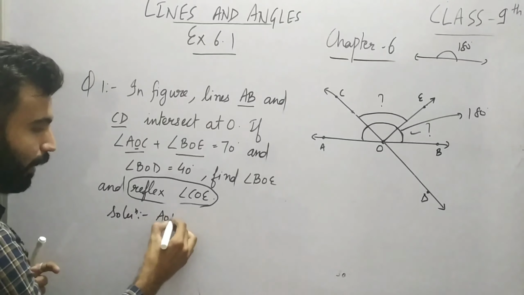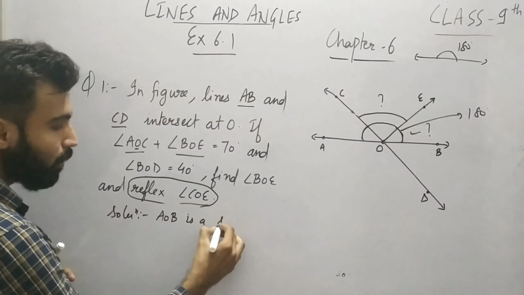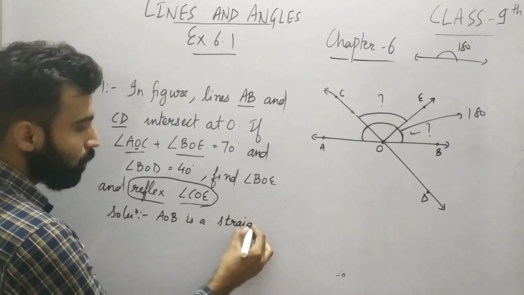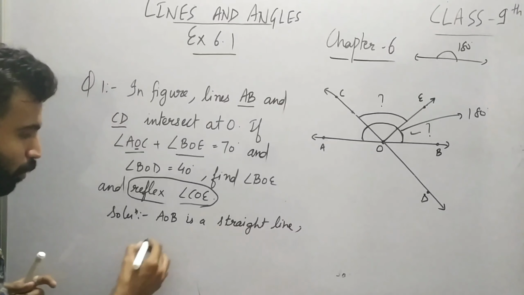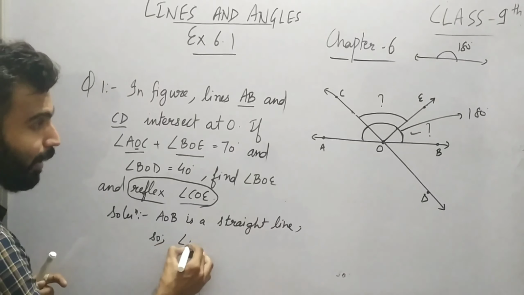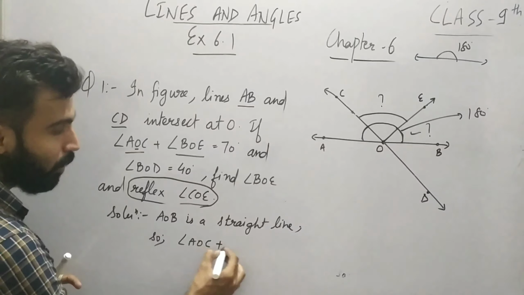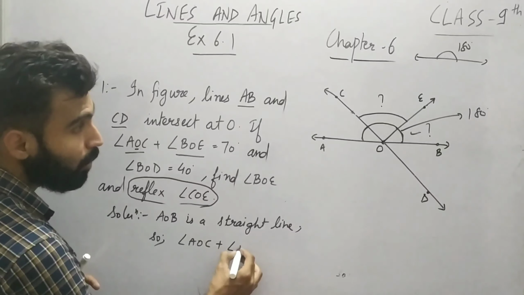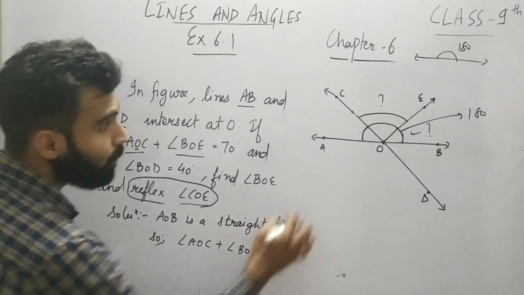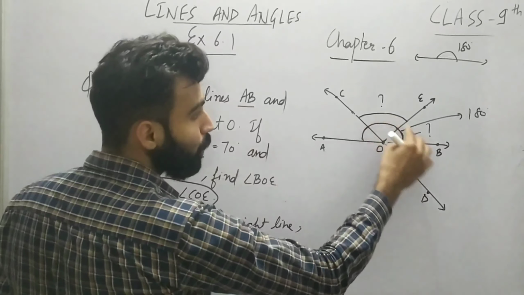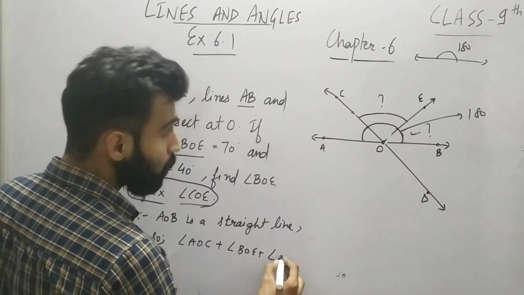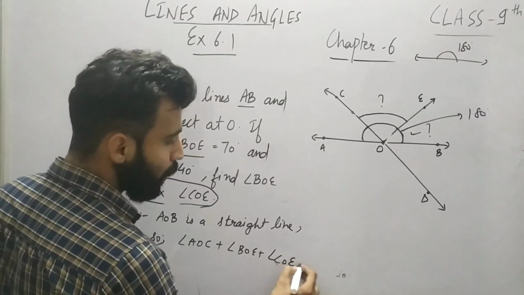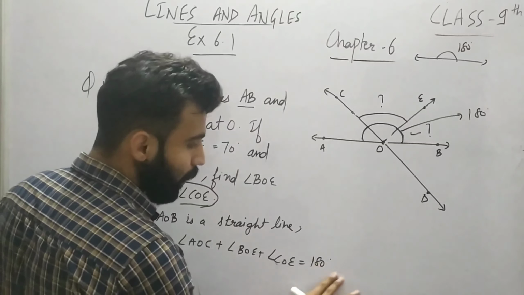So I'm going to write here AOB is a straight line. So angle AOC plus angle BOE plus angle COE equals 180 degree.